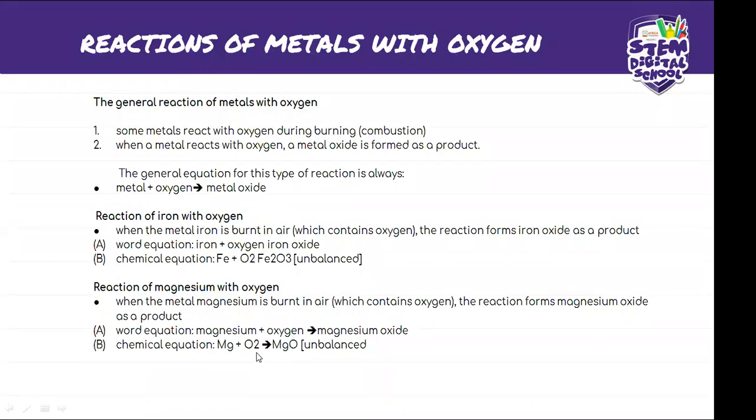So first of all, we start with oxygen. We can see that we have 2 atoms of oxygen here and 1 atom there. To balance it, we cannot put any subscript in between. We are only allowed to put a number in front. So if oxygen is 2 here and 1 there, to make it balanced, we put 2 in front of magnesium oxide.